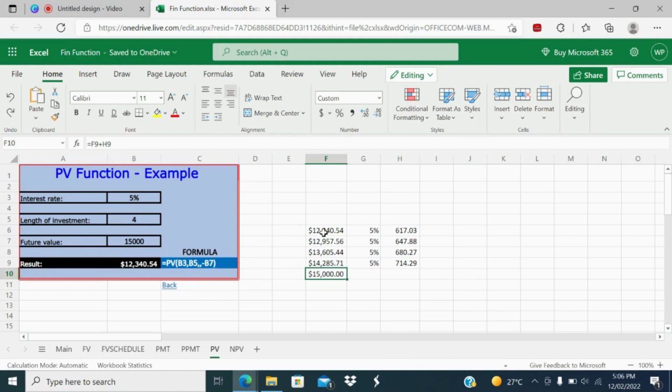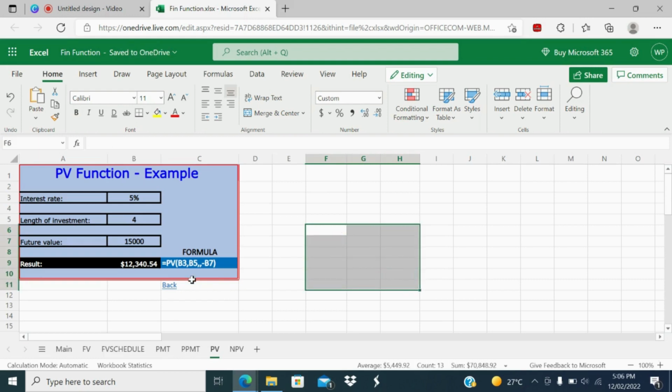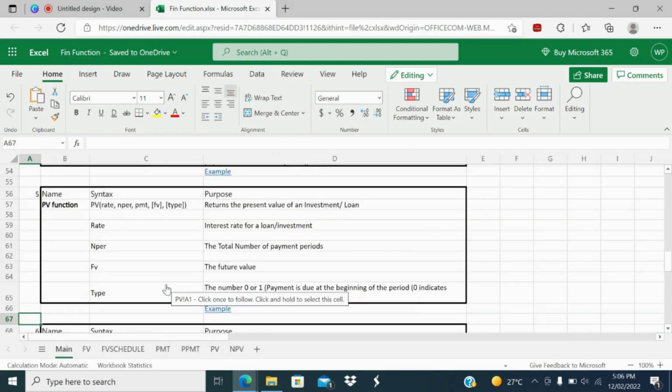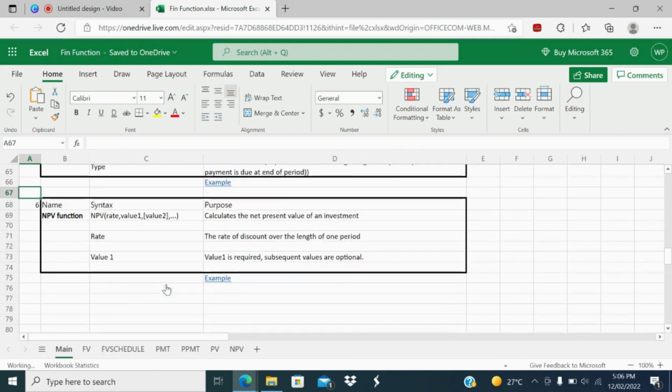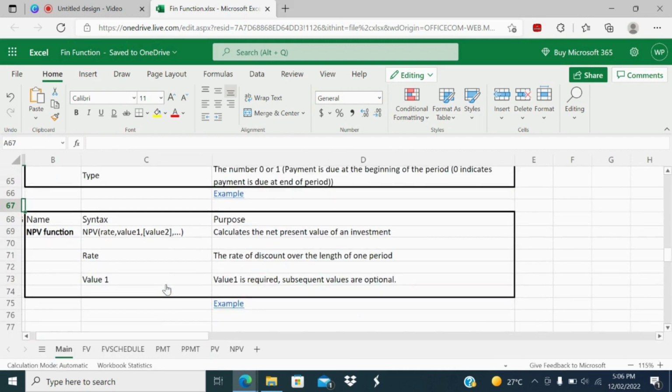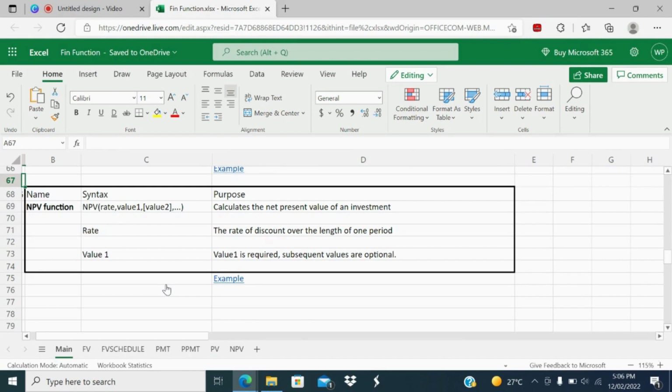Next important function we have is NPV. We have heard many times about this function, NPV, net present value. This function we normally use to project cash flow, and even in the mutual fund industry we largely use this formula to identify the net present value.